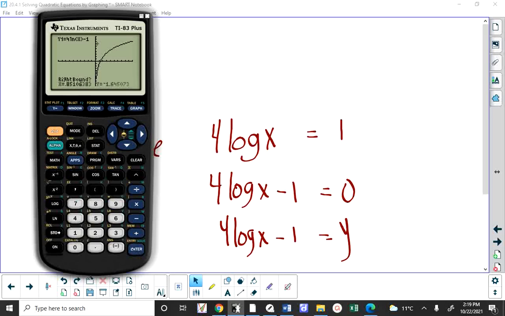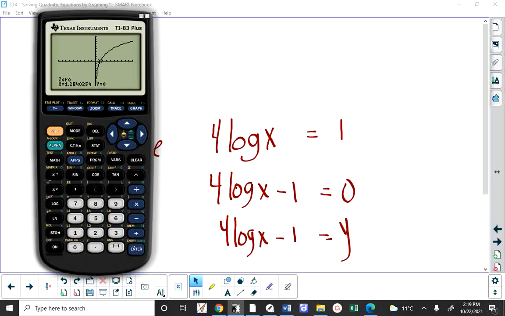Left. Right. That's the answer. Now, I want to point something out to you. You just solved a Math 30 equation without having any understanding of the math at all, right?